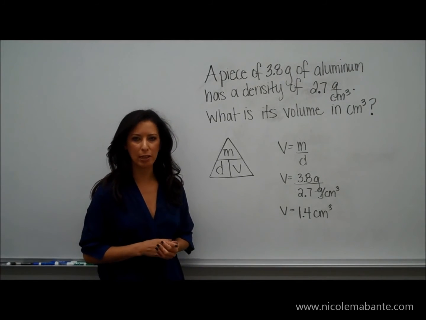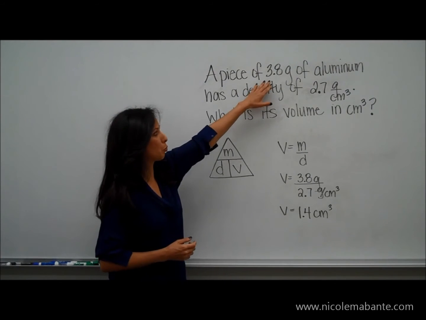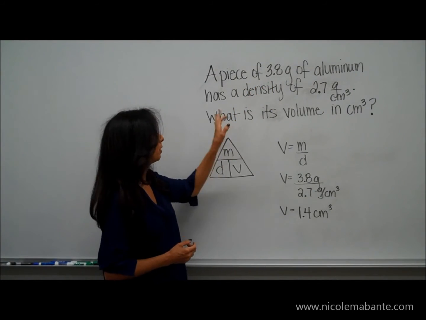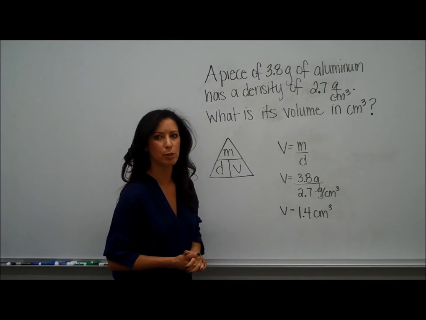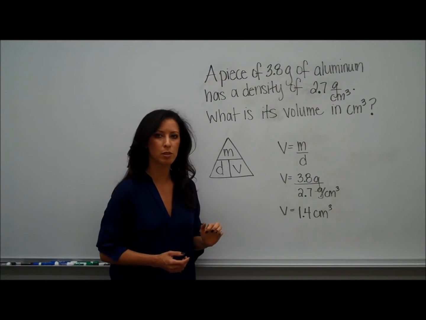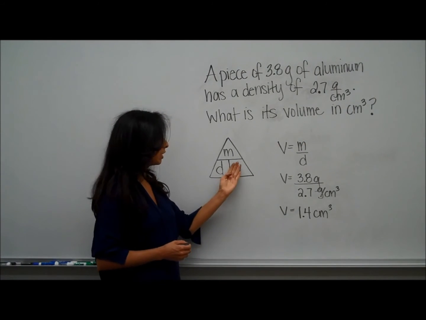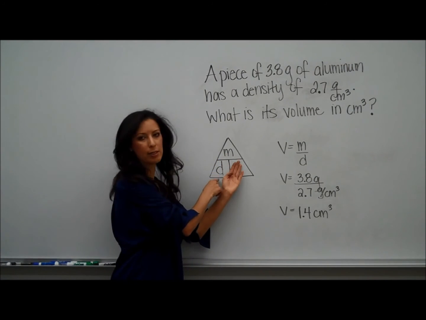Let's practice another density problem that calculates volume. A piece of 3.8 grams of aluminum has a density of 2.7 grams per centimeter cubed. What is its volume in centimeters cubed? If we cover up the V in the density triangle, we're going to take mass divided by density.